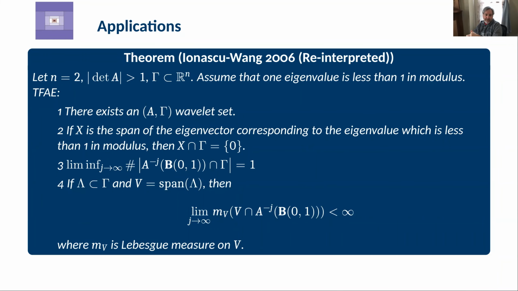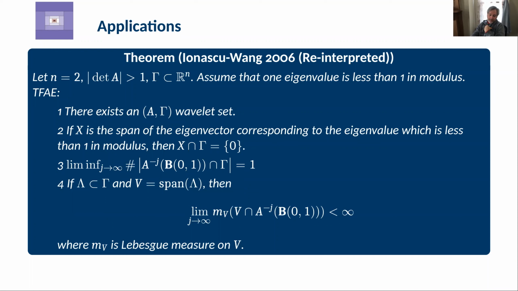In particular, we have 3 conditions equivalent to there being a wavelet set. Namely, that the expanding direction for A inverse does not intersect the lattice. That's equivalent to lim inf being 1, which is the condition we've been using, similar to what we have for higher dimensions.